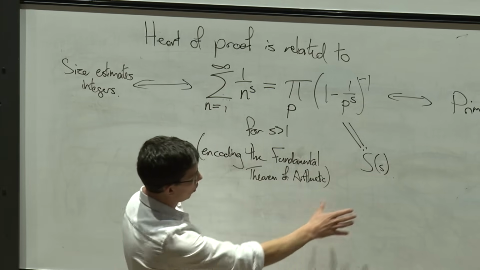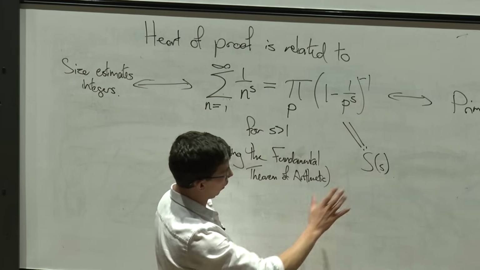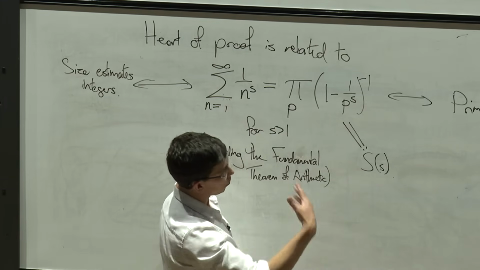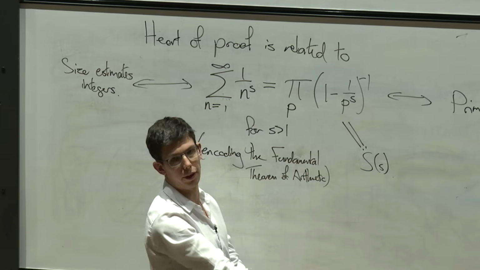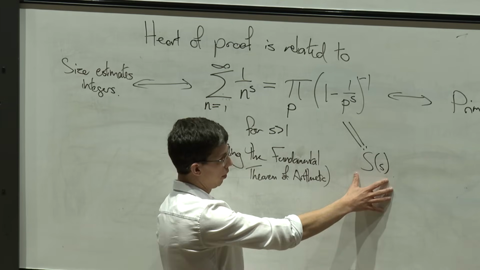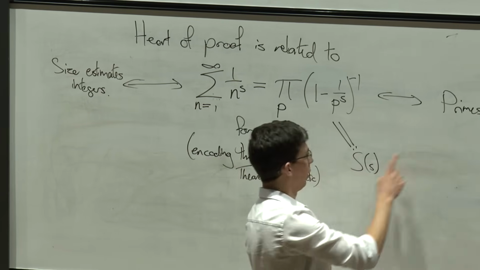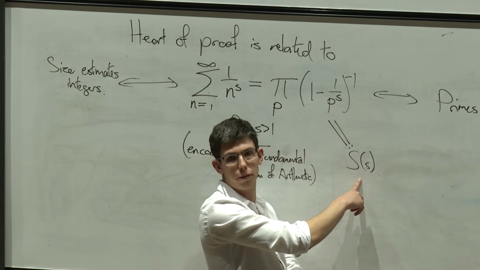When you're looking at complex values of s, this can be interpreted as a meromorphic function on the entire complex plane, and you can use techniques from complex analysis to start getting good understanding of prime numbers in terms of properties of the Riemann zeta function.